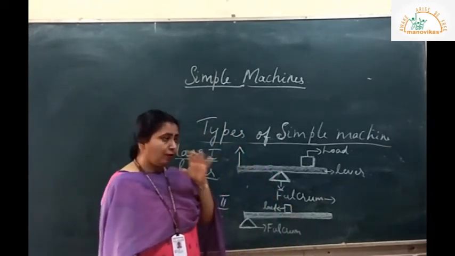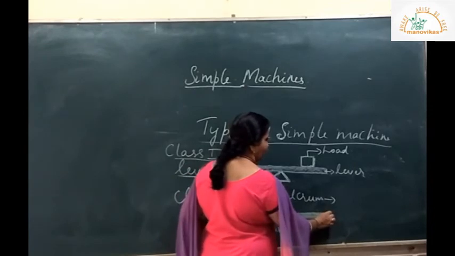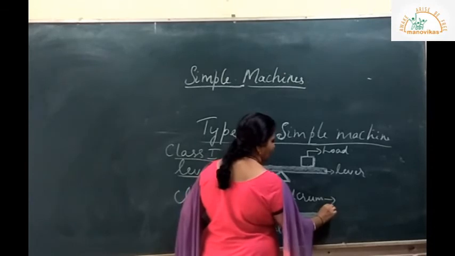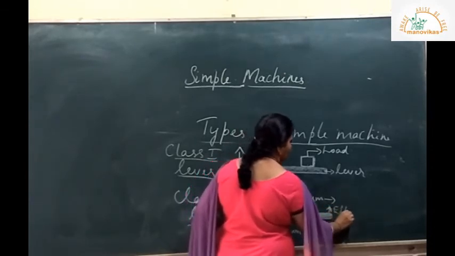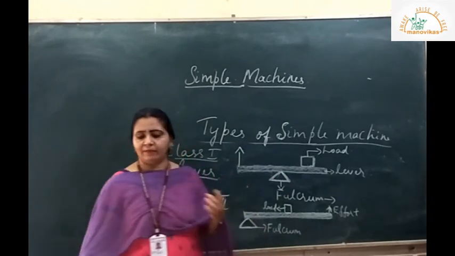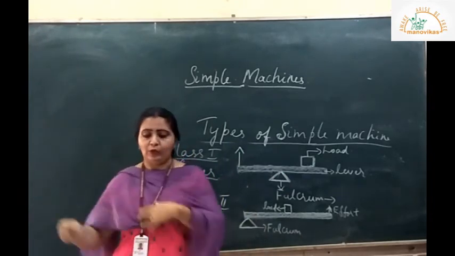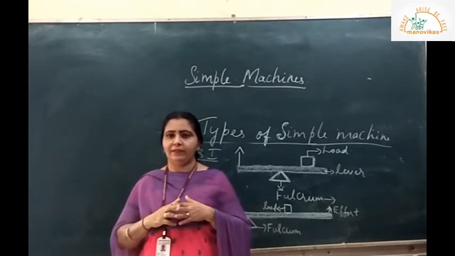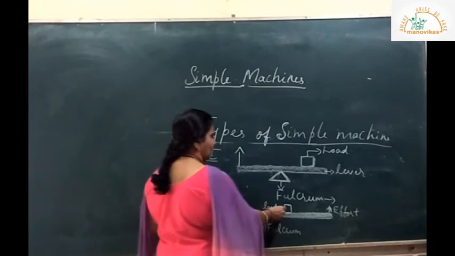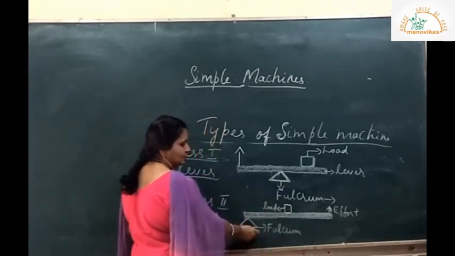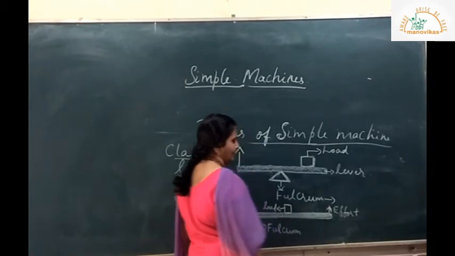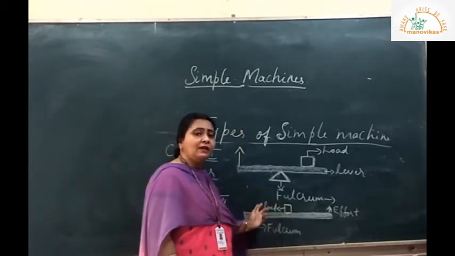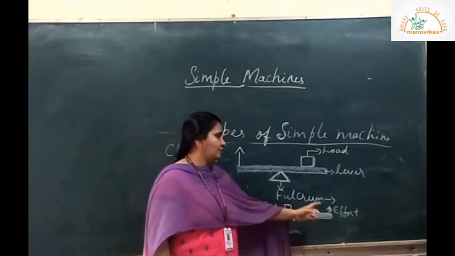This side will be the effort. So load is here, fulcrum is this side and effort will be on the other side. So in class 2 lever, load is in between the fulcrum and the effort.